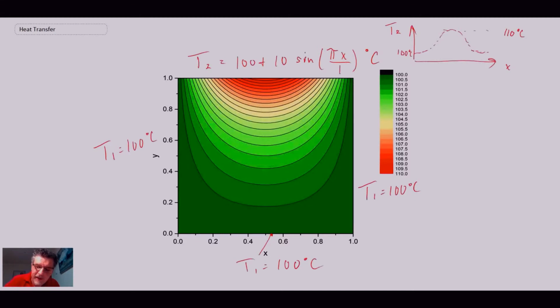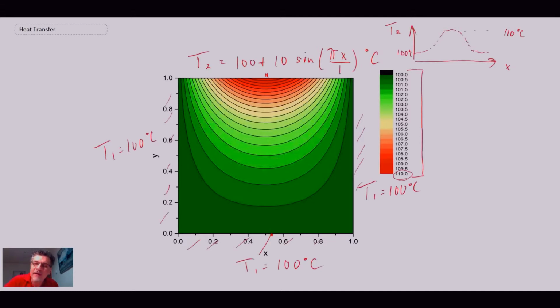Here we have our temperature scale. The green is around 100 degrees C, which we would expect for all of these walls because they're all at around 100 degrees C. And then with the sine temperature distribution, we would expect that in the center we're going to move up to about 110, and sure enough, the red color here is close to that. So that solution comes out to be quite nice.